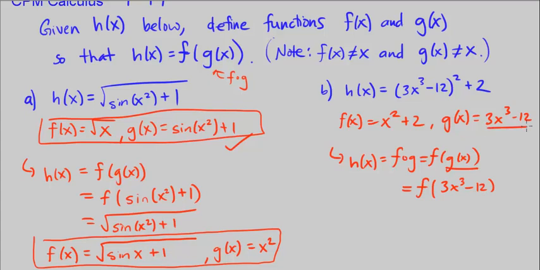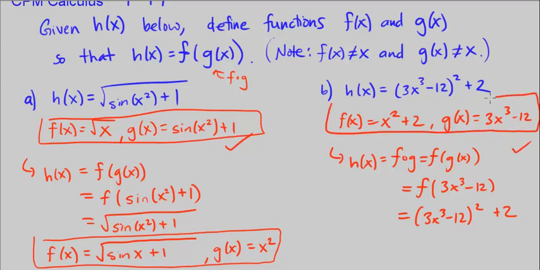Plugging into f, I get 3x cubed minus 12 squared plus 2. So that checks out to be a working answer.